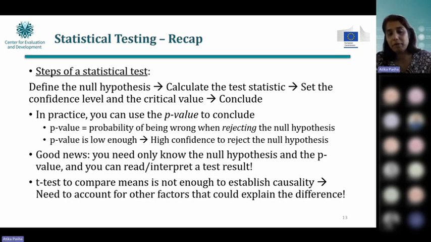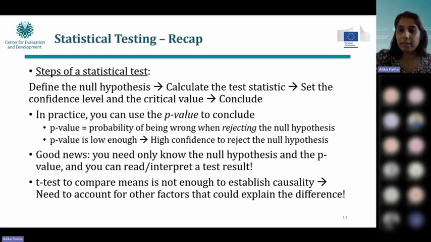Or our null hypothesis was rejected at the 95% significance level. Okay, good. So now we've done a short recap of what we learned yesterday in terms of statistical inferencing, and how you can interpret a test result.